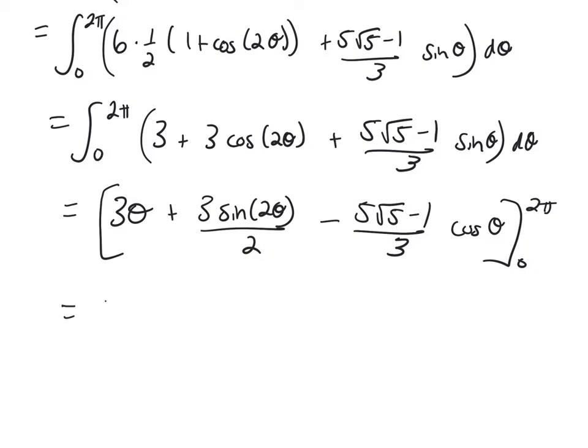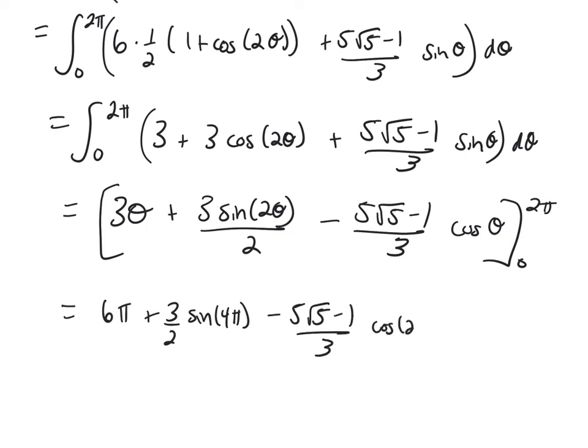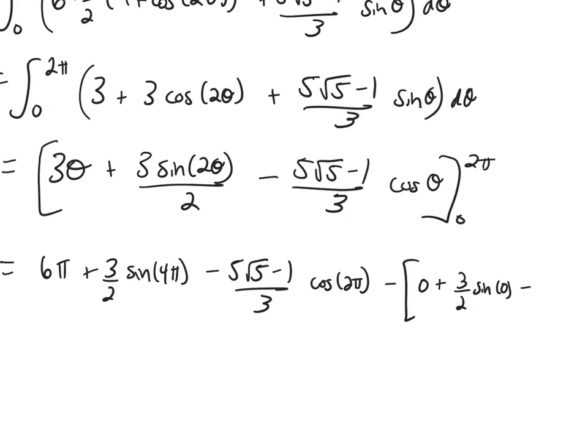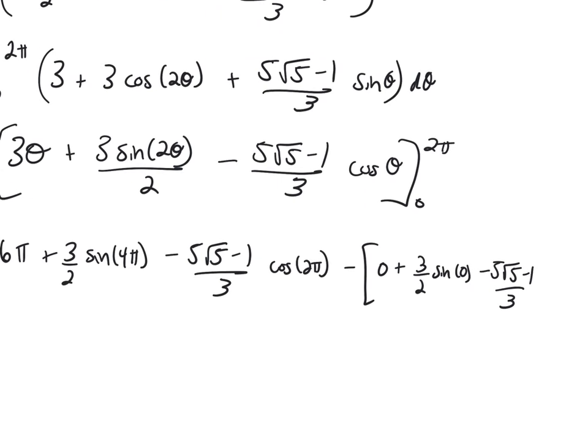So you get 6 pi plus 3/2 sine of 4 pi minus 5 square roots of 5 minus 1 over 3 cosine of 2 pi, minus, you get 0 plus 3/2 sine of 0 minus 5 square roots of 5 minus 1 over 3 cosine of 0.